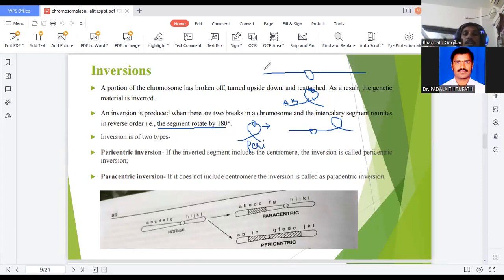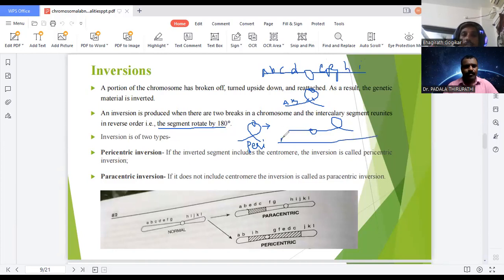For example here, A, B, C, D, E, F, G, H, I. This is the sequence before inversion. When inverted along with the centromere by rotation of 180 degrees, the gene order is like this: A, B, then it will be attached here, E, G, D, C, H, I. So this is after inversion.